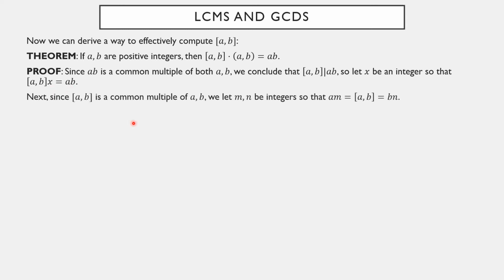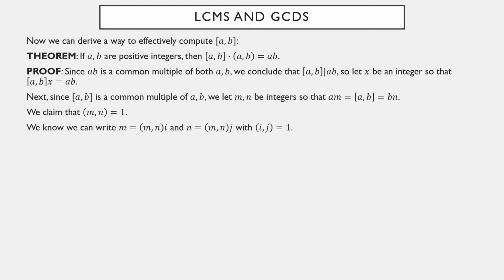But next, the LCM is a common multiple of A and B by definition. So it's a multiple of A, so I can find a solution to A m equals the LCM. But it's also a multiple of B, so I can find another integer so that B n is the LCM. Now we're going to claim that whatever m and n we solved for here have to be relatively prime to one another.